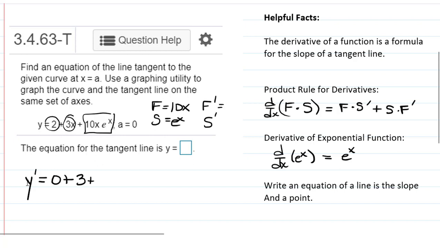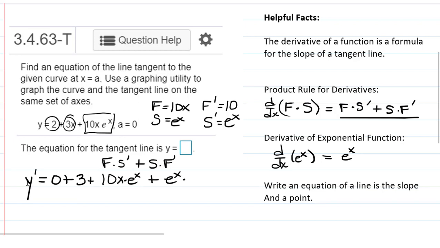The derivative of the first part, 10x, is just 10. The derivative of the second part with respect to x is e to the x. So now we follow the pattern: first times derivative of the second plus second times derivative of the first. That gives us 10x times e to the x plus e to the x times 10. So our derivative can be written as 3 plus 10x e to the x plus 10 e to the x.